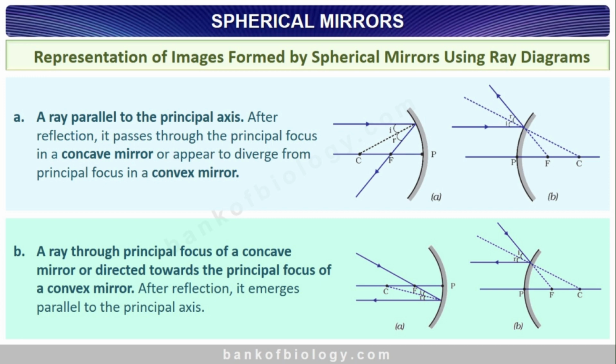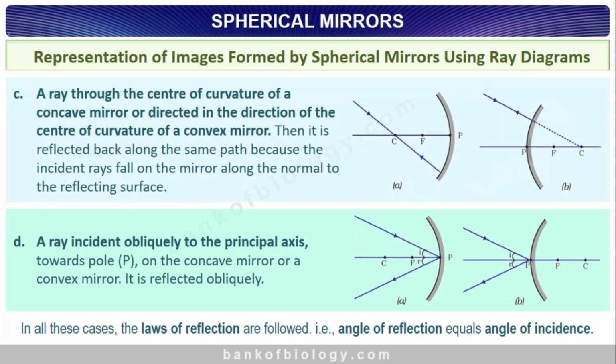A ray through the principal focus of a concave mirror, or directed towards the principal focus of a convex mirror, after reflection emerges parallel to the principal axis. A ray through the center of curvature of a concave mirror, or directed in the direction of the center of curvature of a convex mirror, is reflected back along the same path because the incident ray falls on the mirror along the normal to the reflecting surface.